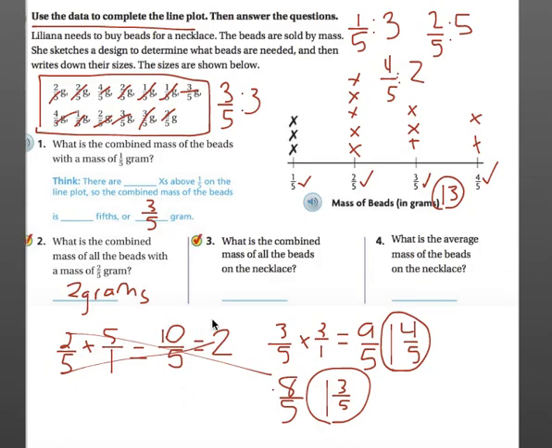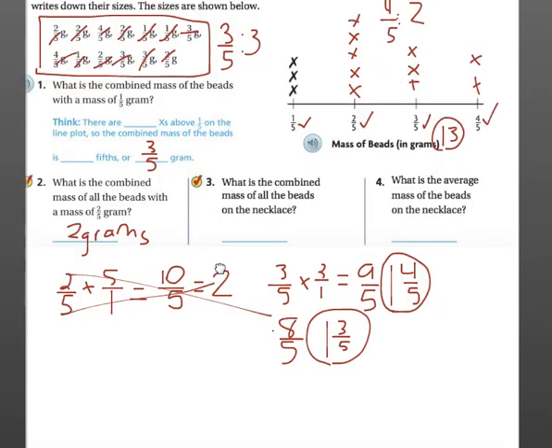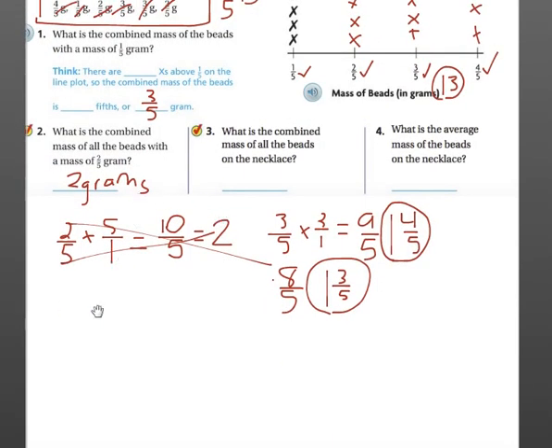So what I need to do, let me move this up so I have a little extra room to work, is take the total amount of the 1/5 beads, which was 3/5, the total amount of the 2/5 beads, which was 2, the total amount of the 3/5 beads, which was 1 and 4/5, and the total amount of my 4/5 beads, which was 1 and 3/5.